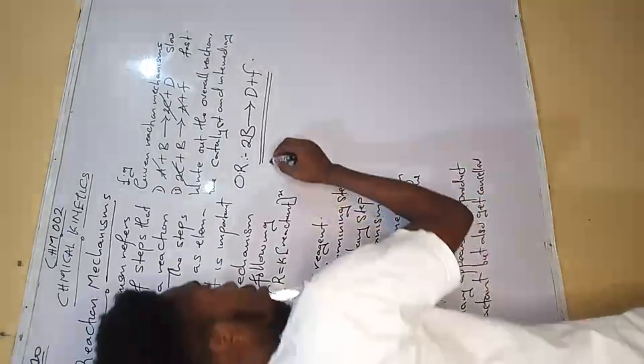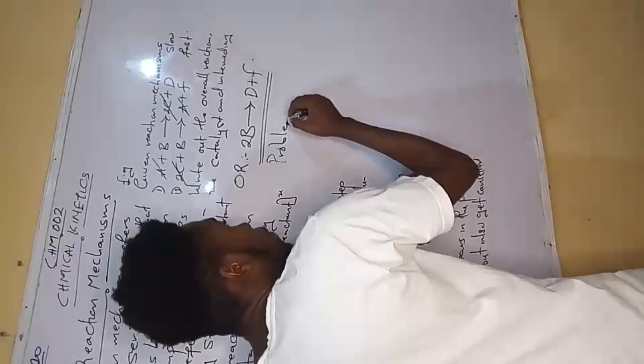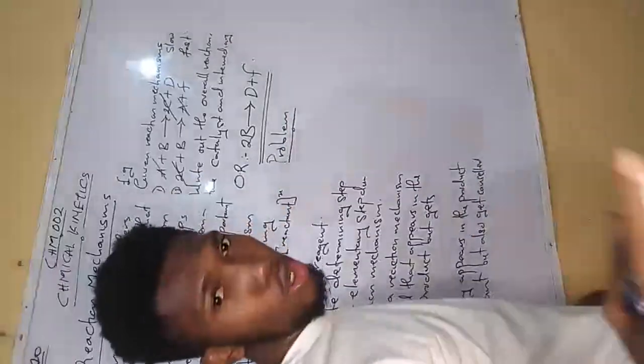We have the question. The following two reactions are proposed as elementary steps in the mechanism for an overall reaction. Please, we're going to do it together now, so open your mind.